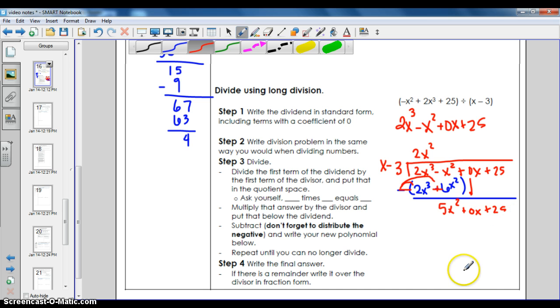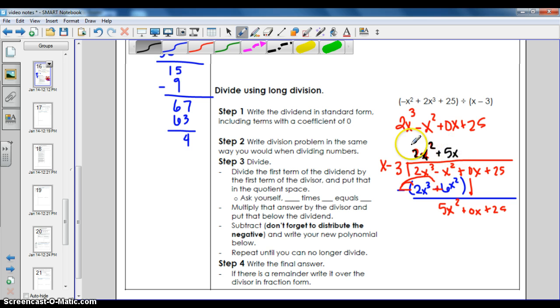Okay, now we repeat and we do what we did when we started. So let's look up here. I'm going to make this a different color so you can see where our answer is forming. Okay, so 5x squared divided by x. So what that gives us is a 5x.